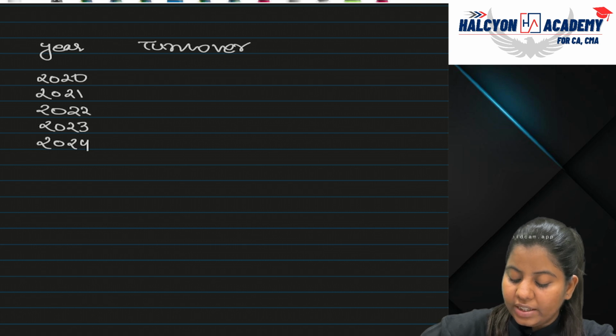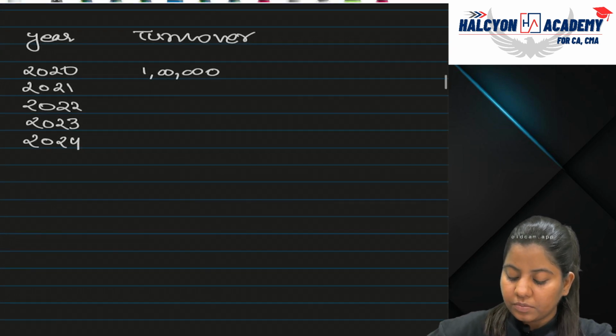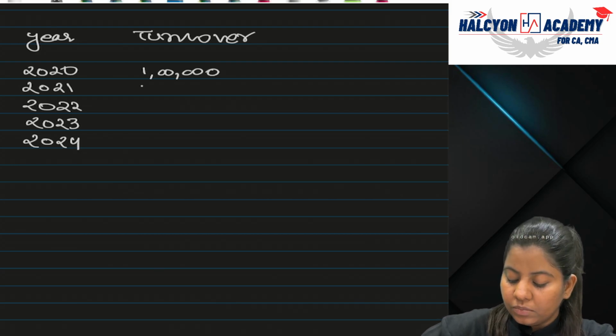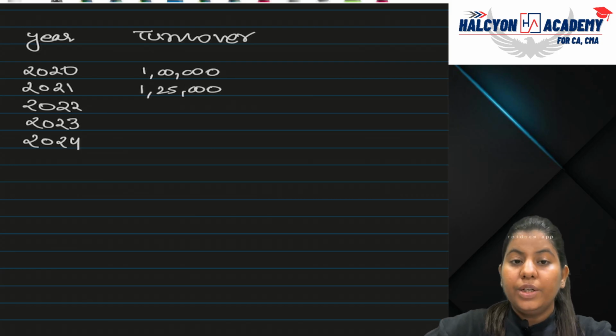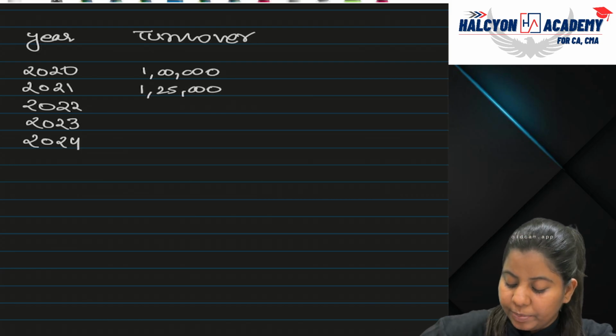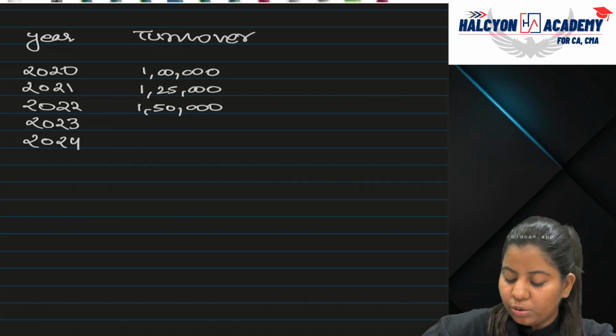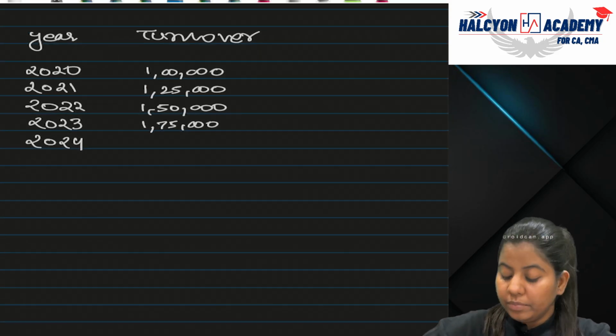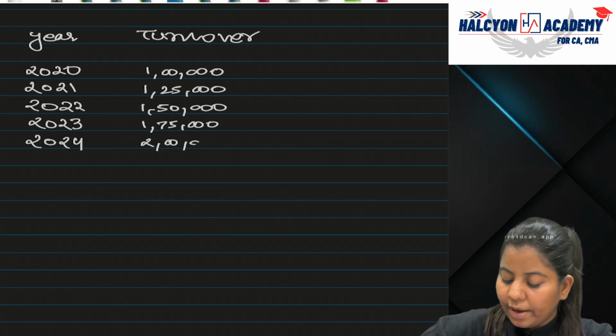In 2020, it was 1 lakh. In 2021, it became 1,25,000. In 2022, it became 1,50,000. In 2023, it became 1,75,000. In 2024, it became 2 lakh rupees.